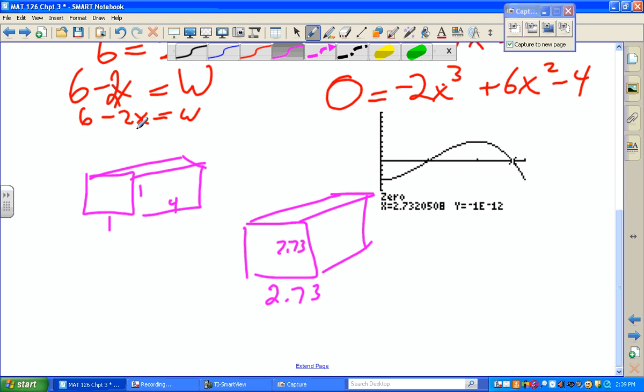I don't know. What's 6 minus 5.4? 0.6, something like that. Yeah. So, and that will give you a volume of 4. Pretty nifty. That's why math is so much fun.